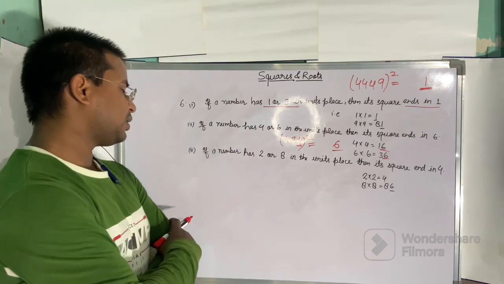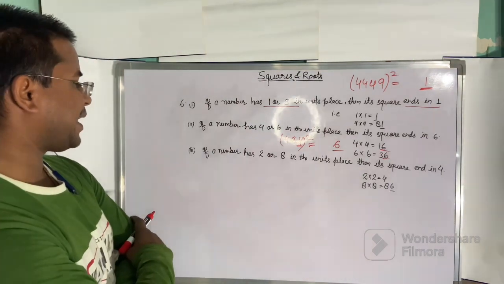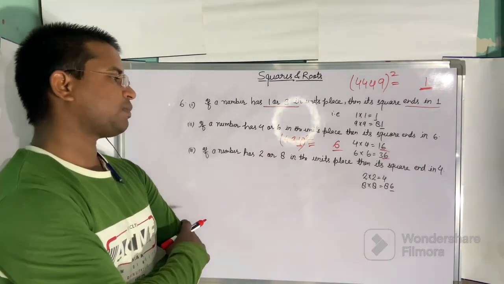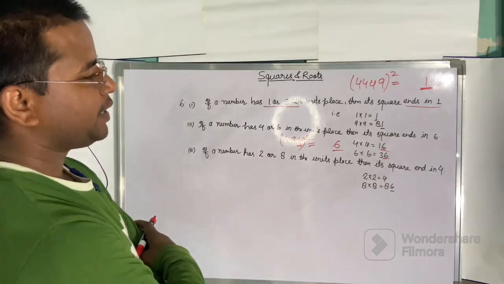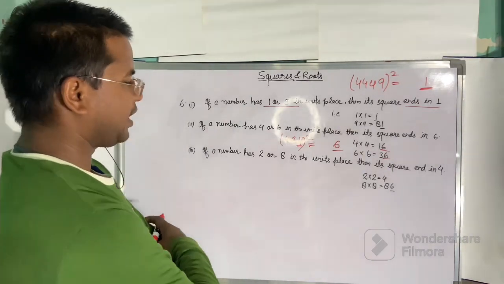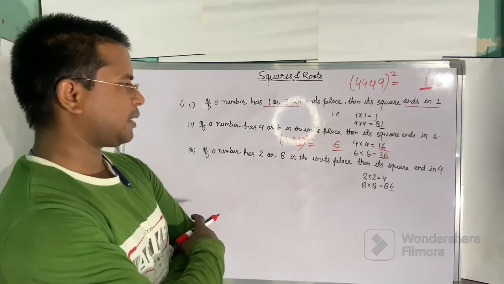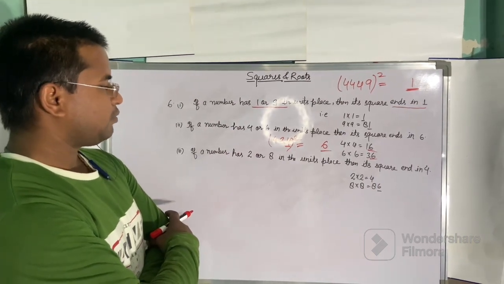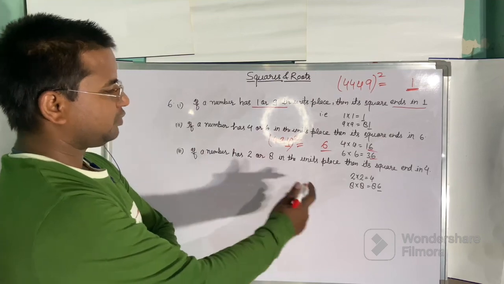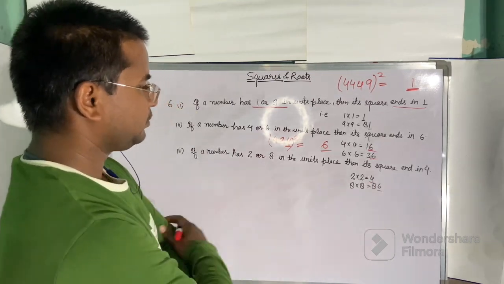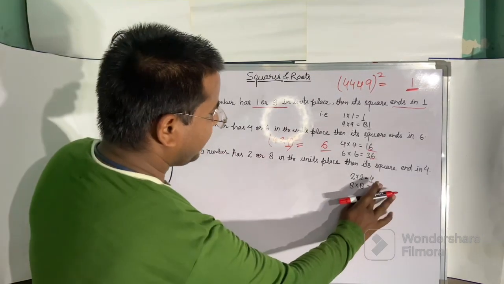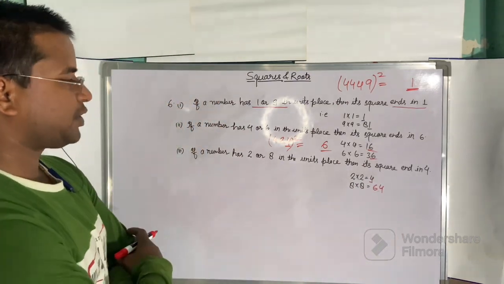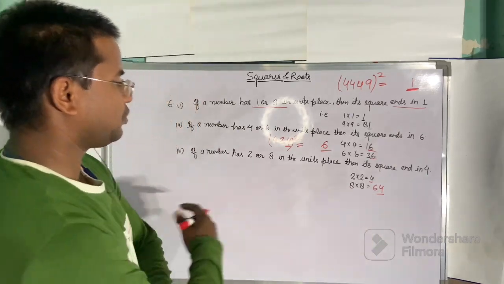Next, the third part of rule 6 says that if a number has 2 or 8 in its unit place, then its square ends in 4. Why? Because the same rule applies here. When 2 is multiplied by itself, its unit digit is 4, and when 8 is multiplied by itself, its unit digit is also 4.